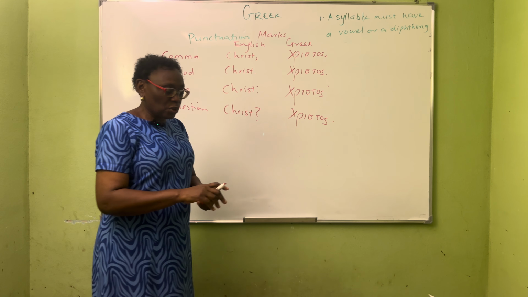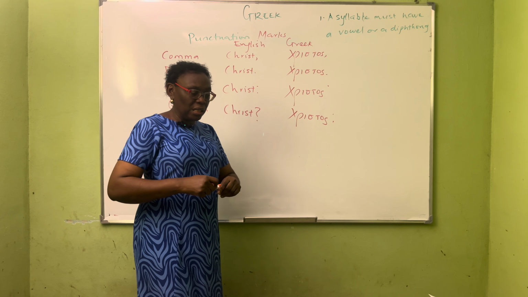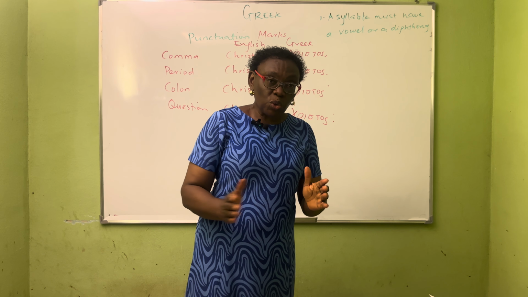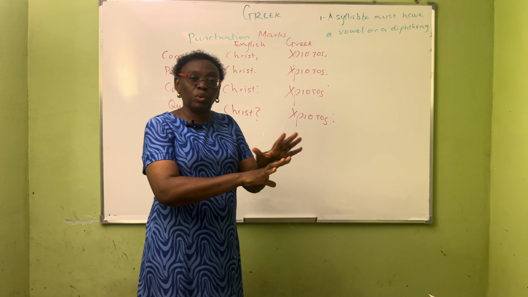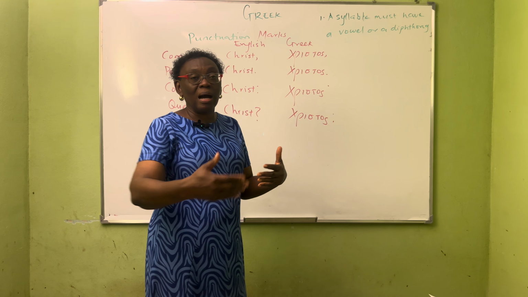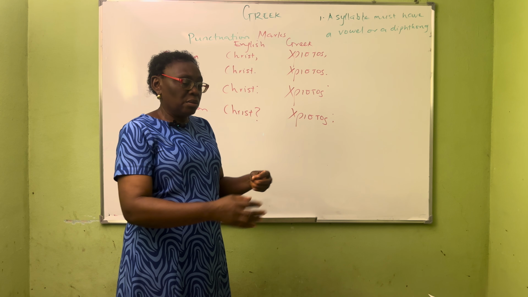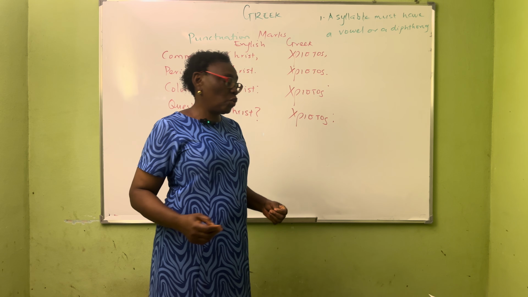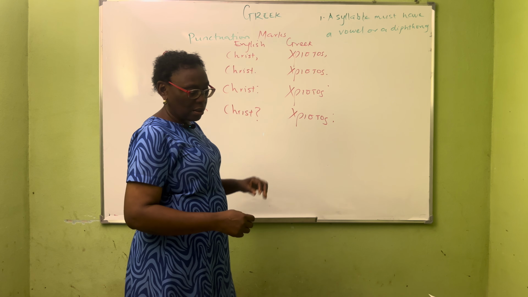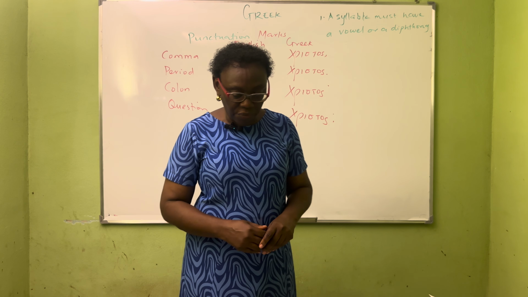Please take note. So when you are reading something in Greek, read towards the end before you know whether it's a question, because sometimes it may not have a question word. It's at the end you now know, oh, I'm supposed to interpret this as a question. So please take note of all this.